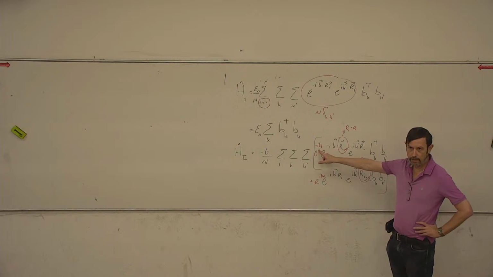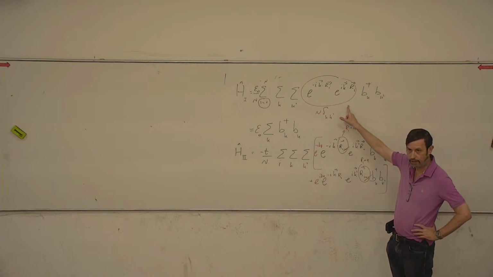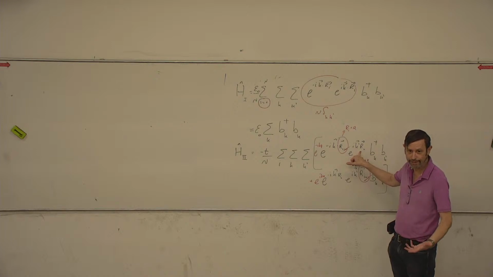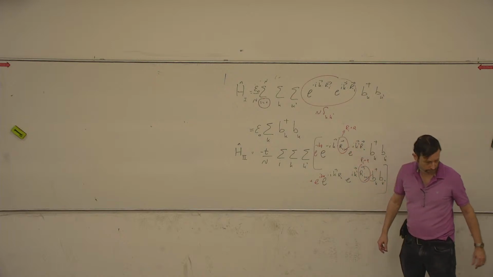Once I take this into account, I get exactly this delta function that I had previously, right? Because now I'm integrating over R_i, and I get delta of K and K prime in both of the terms.